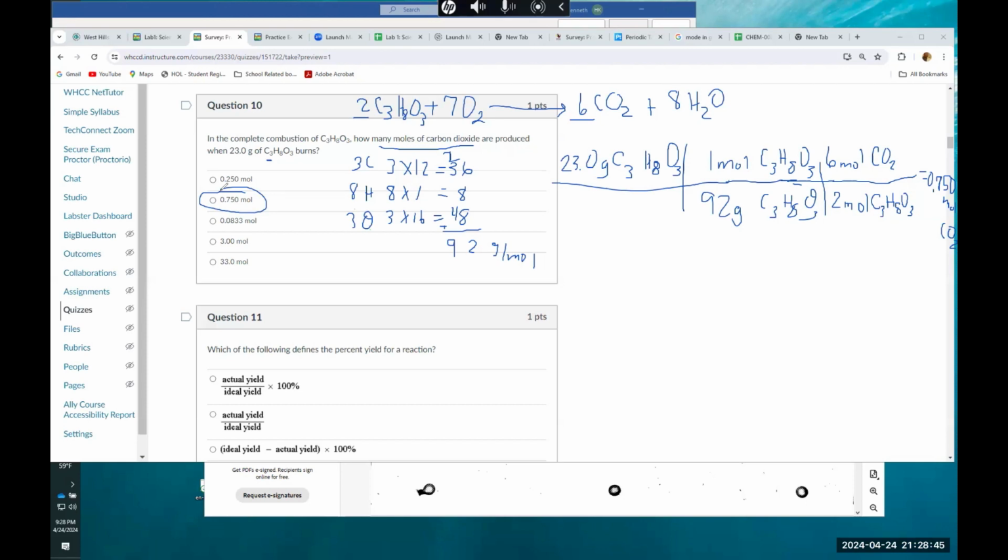Questions? So you wrote everything, but we're only using one part. So we're using the 6CO2 and the 2C3H8O3. I got confused because I was like, wait, we didn't do anything for the H2O or the 7O2. Because they didn't ask for it, right? Yeah.